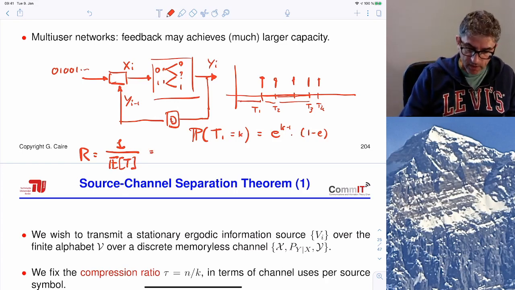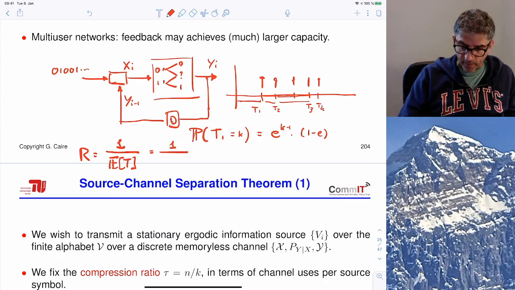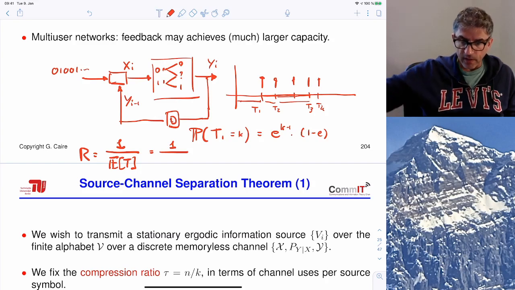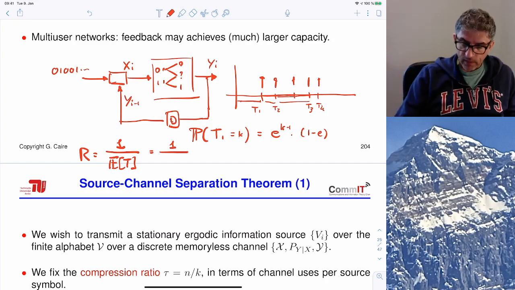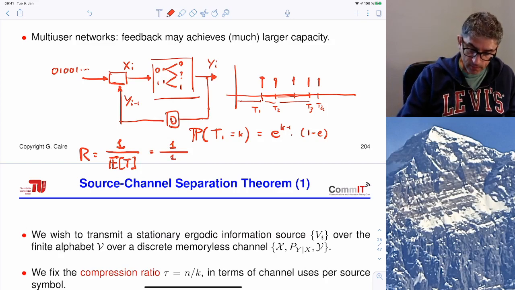Okay, so what is the mean of a geometric distribution? The mean of a geometric distribution with a success probability, where success means the event that makes you stop, 1 minus E, is 1 over 1 minus E, 1 over the success probability.